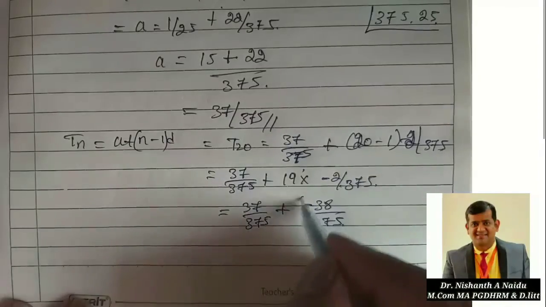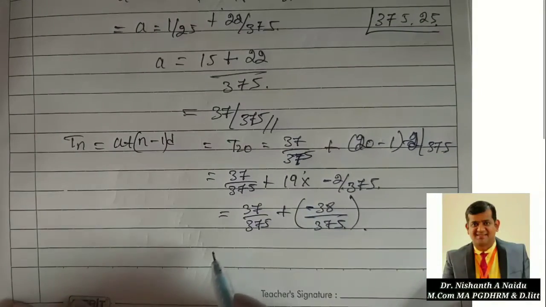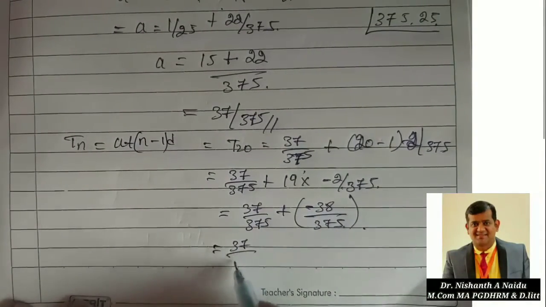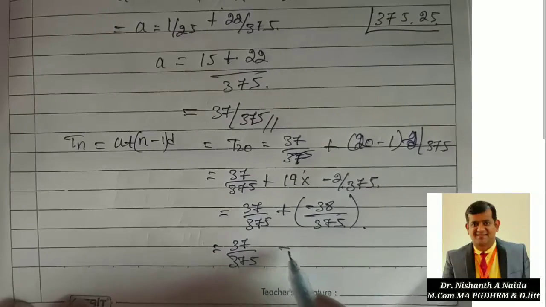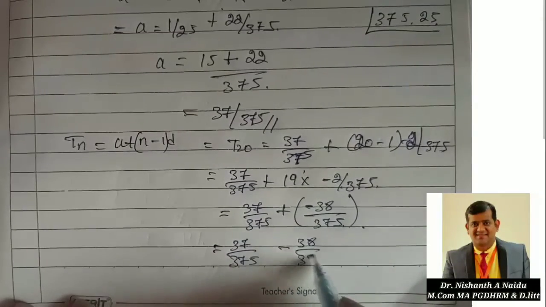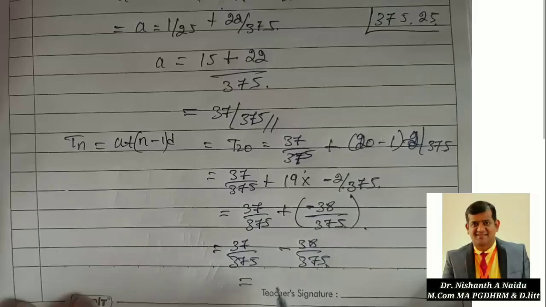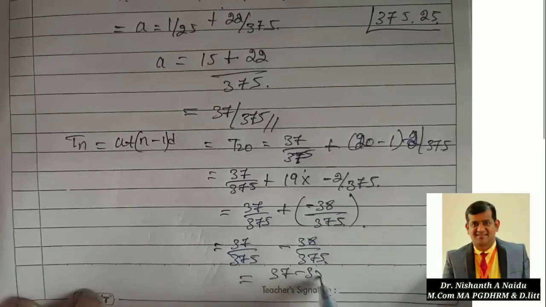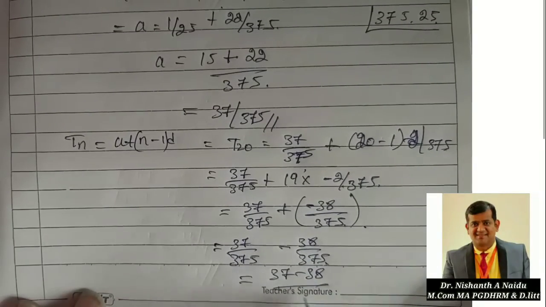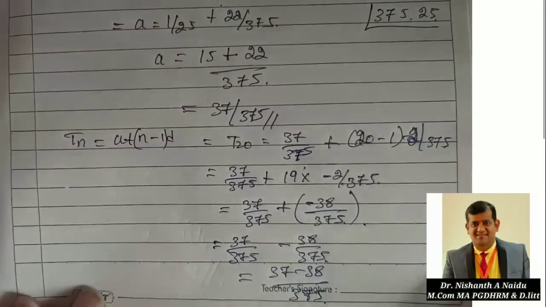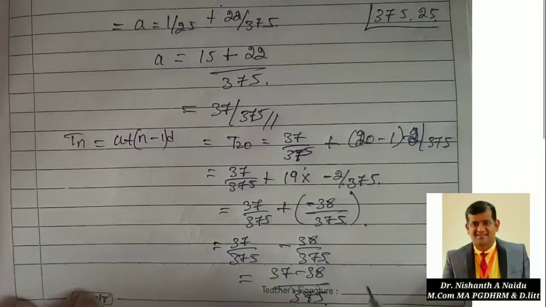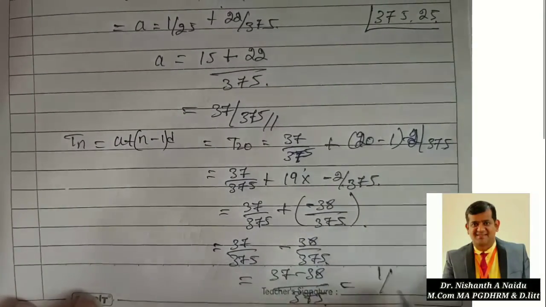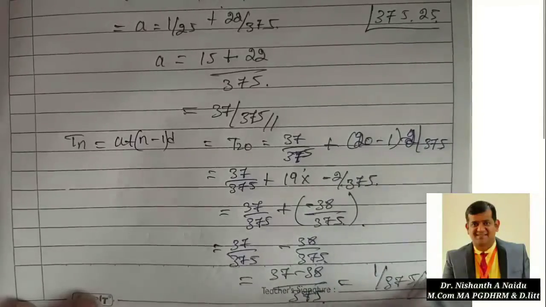Let us keep it in brackets so we don't get confused: 37 divided by 375 minus 38 divided by 375. So that becomes (37 minus 38) divided by 375, which equals minus 1 divided by 375 is the answer.